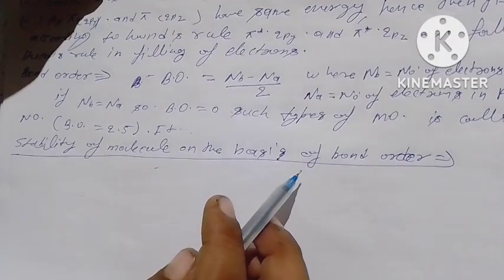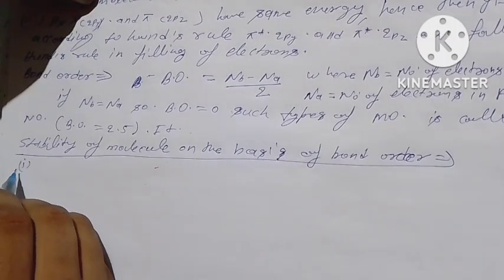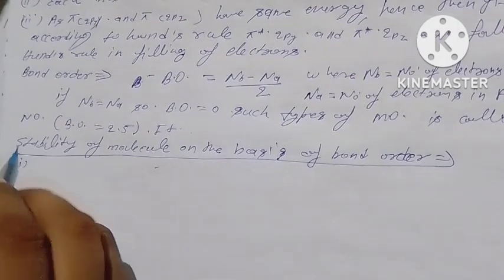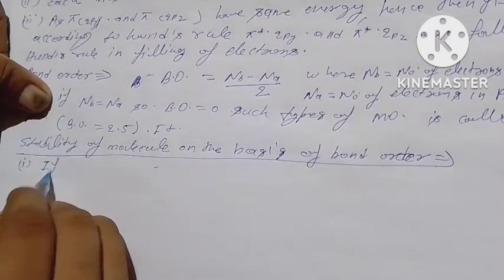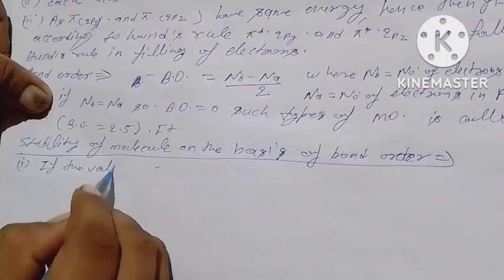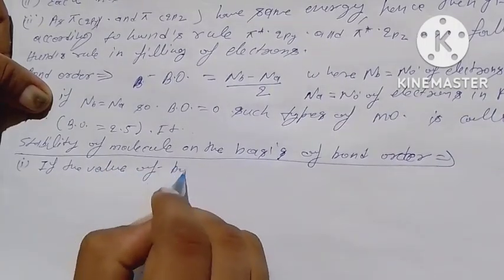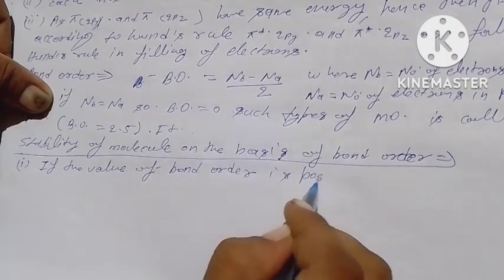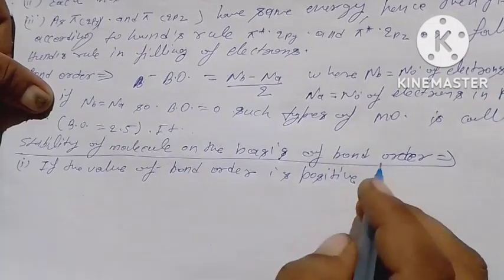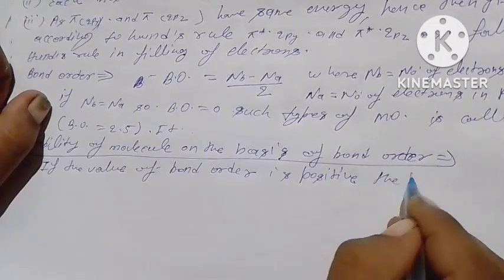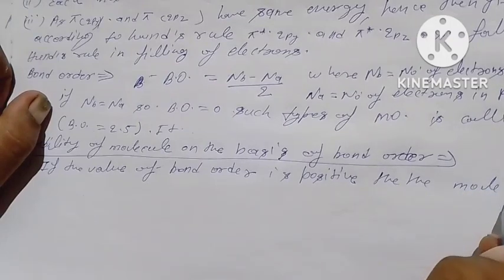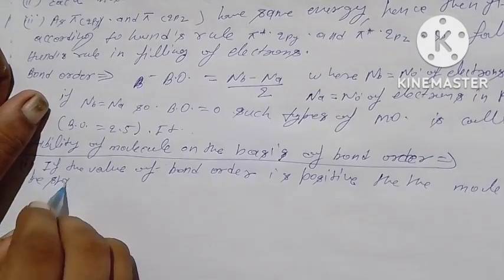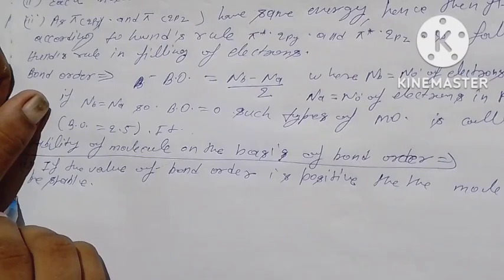First, if the value of bond order is positive, then the molecule will be stable.